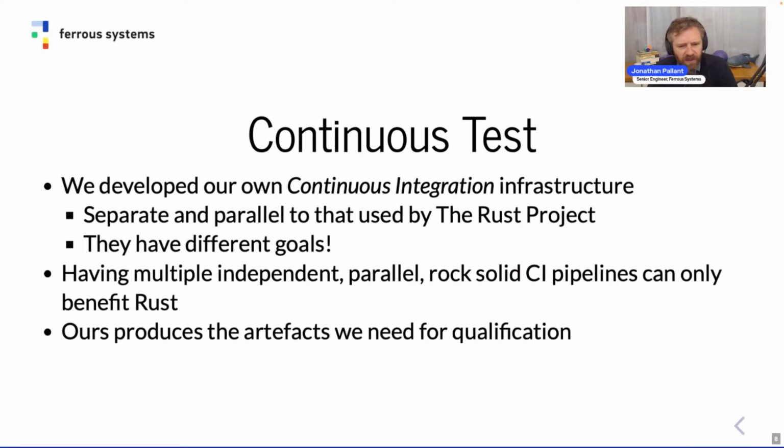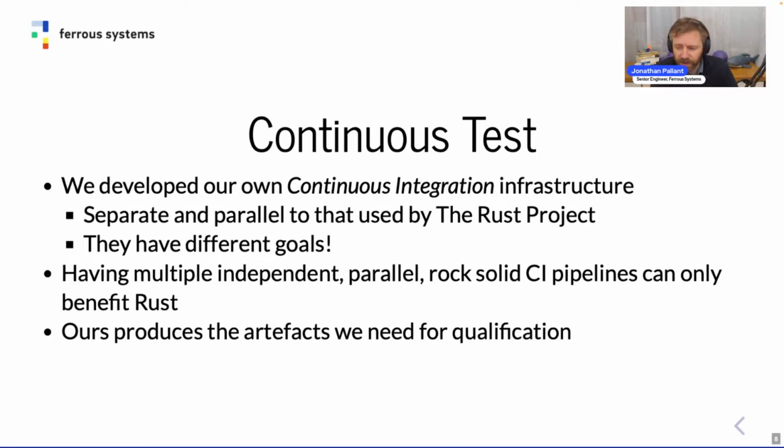And having these two sets of build and test infrastructure, these two continuous integration systems, is, we think, a good thing, because it can only help make the project more robust. Having it built with two different CI pipelines means that you can't rely on assumptions about how the CI pipeline is set up, because we set ours up differently to the way the upstream project does.